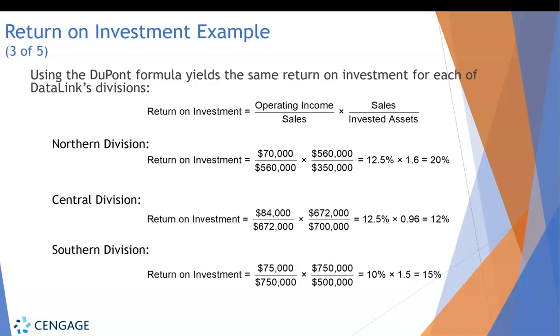Even though the southern division's profit margin is lower than the central division's, its higher turnover of 1.5 results in a return on investment of 15%, which is greater, though, than the central division's return on investment of just 12%.